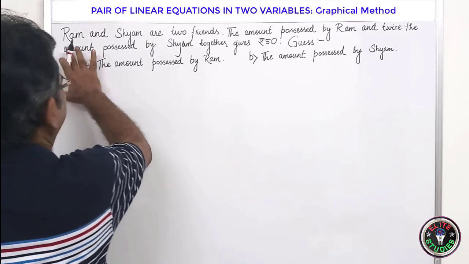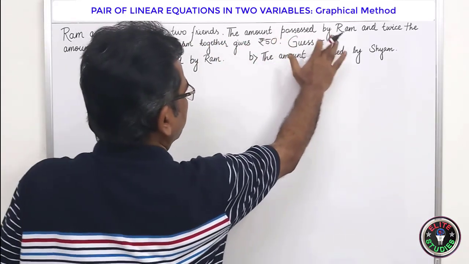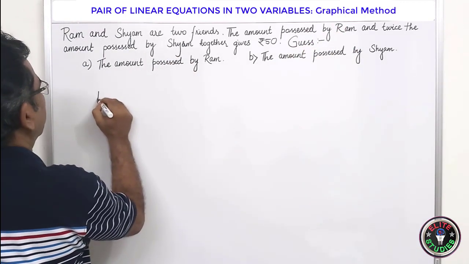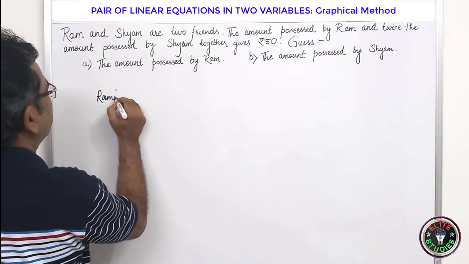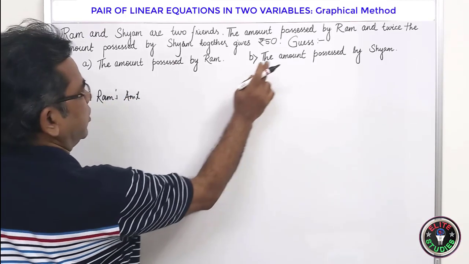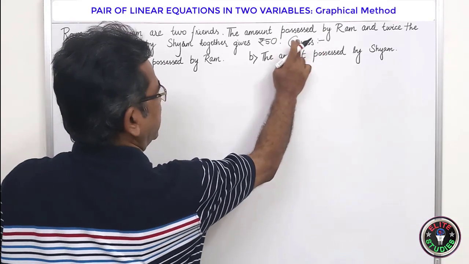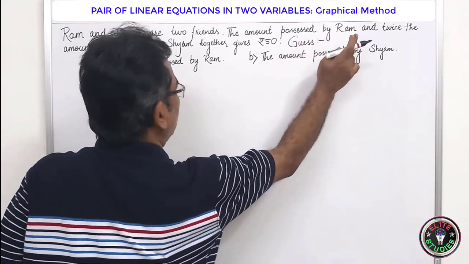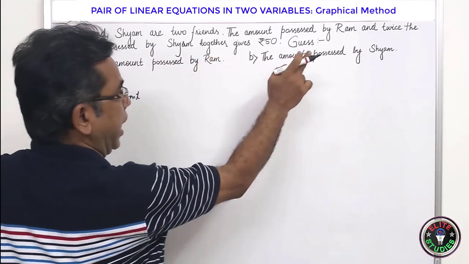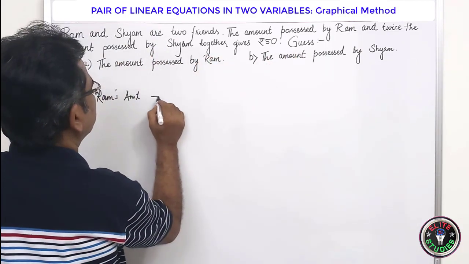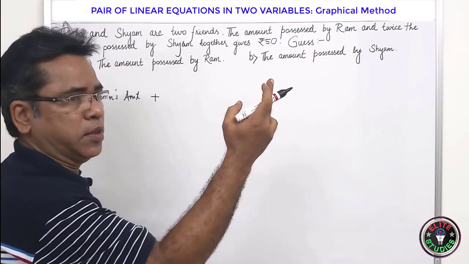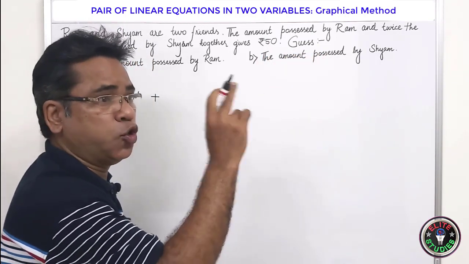What is the condition? The amount possessed by Ram means Ram's amount, and twice the amount possessed by Shyam. And means plus. Twice means two times. In English, two times means 2 into.